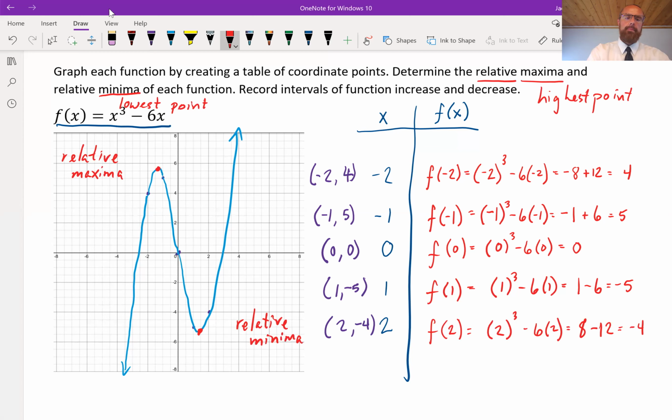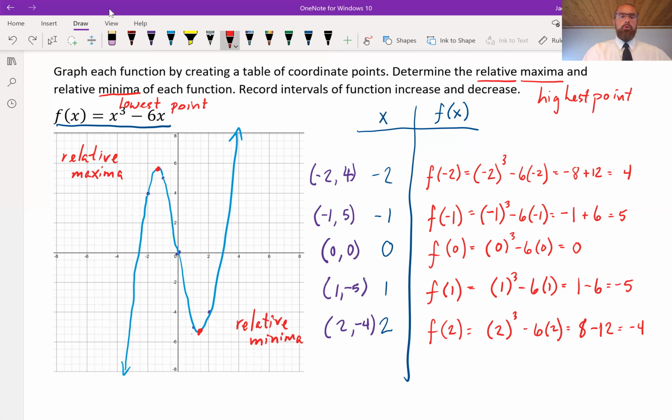Just like with the relative maxima, we say it's relative and not absolute, because if I traced over, a lot of values on that lower arm down in quadrant 4 have a lower value than that trough, but it does represent the bottom of a valley, and so we would call it the relative minima.